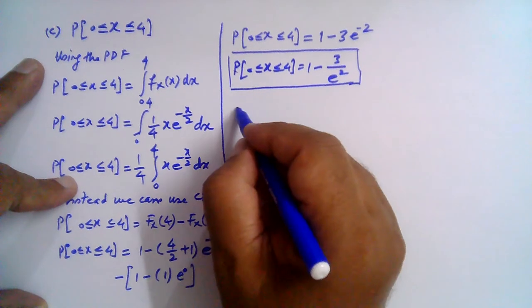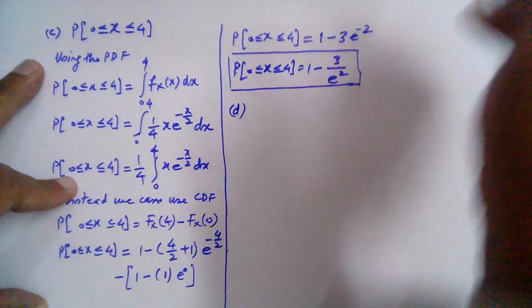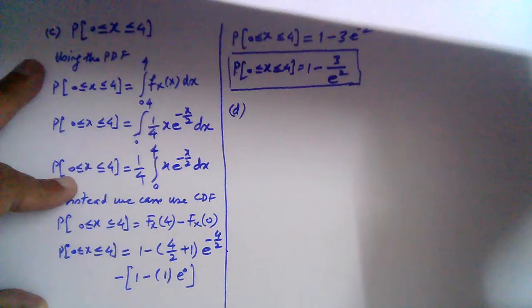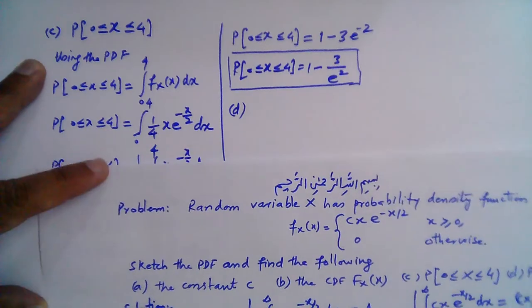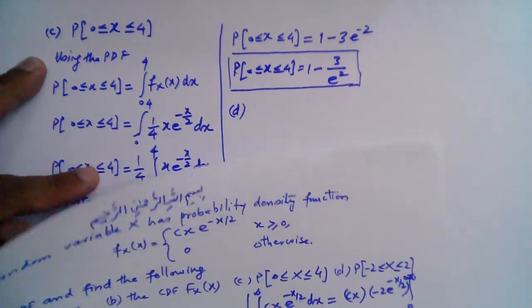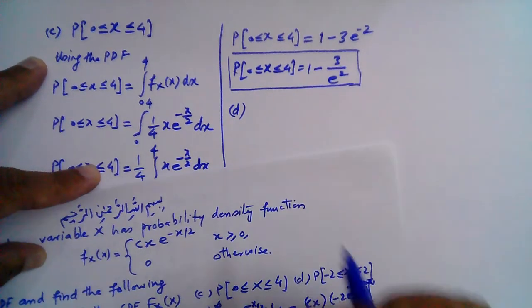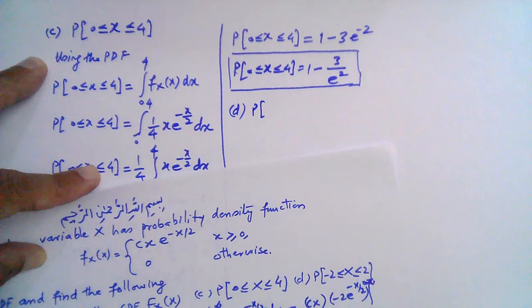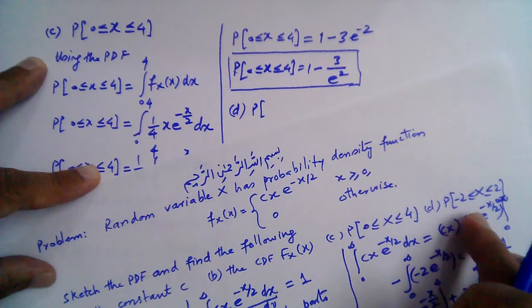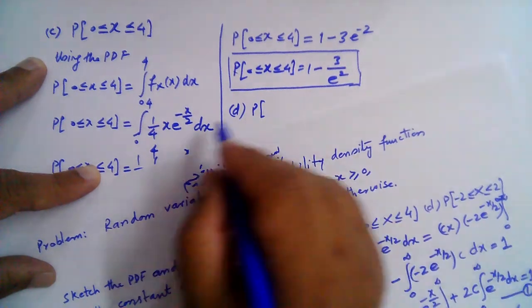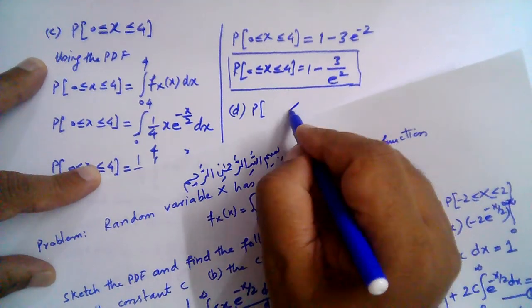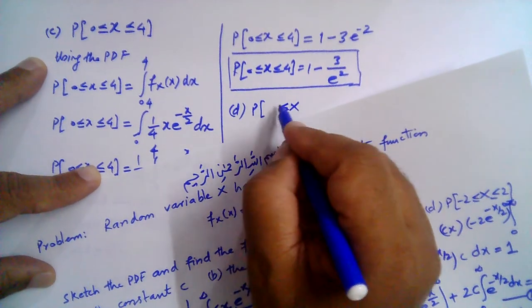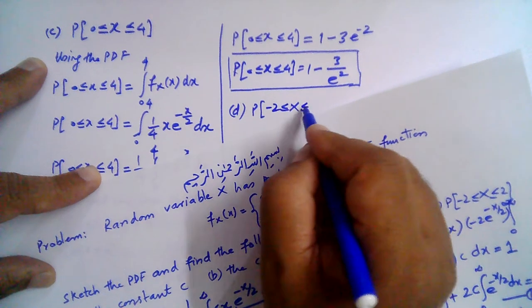And now to part D. In part D, we are required to find the probability that x is greater than or equal to minus 2 and less than or equal to 2.